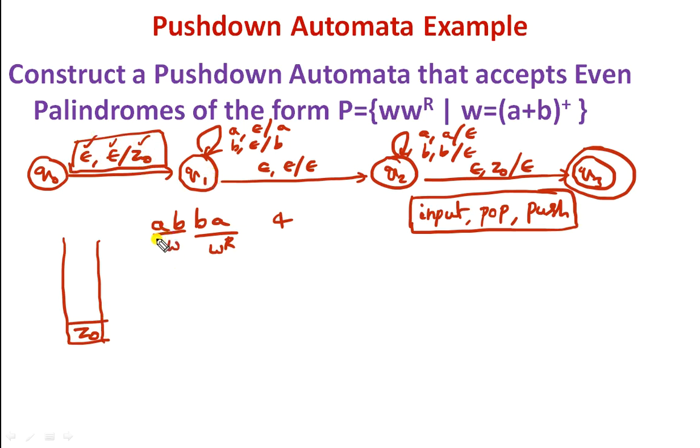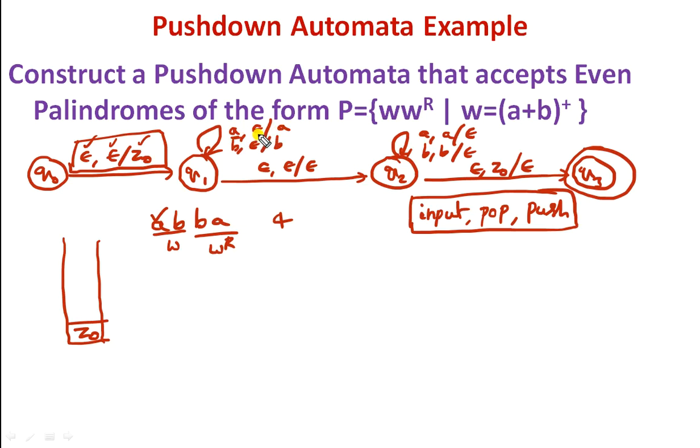Now start traversing the input string. The first symbol is A. The current state is Q1. So Q1 on A, what does it represent? It represents epsilon, A. Epsilon means pop operation, A is push operation.